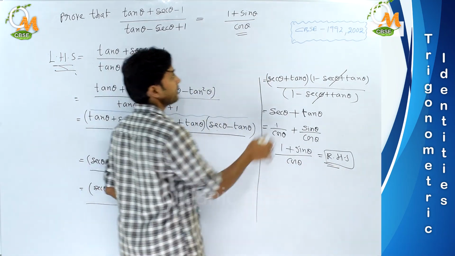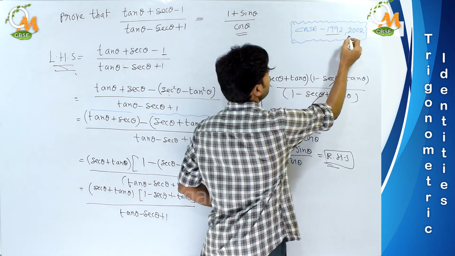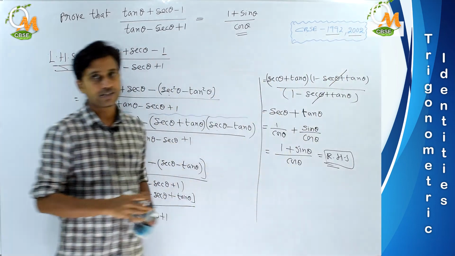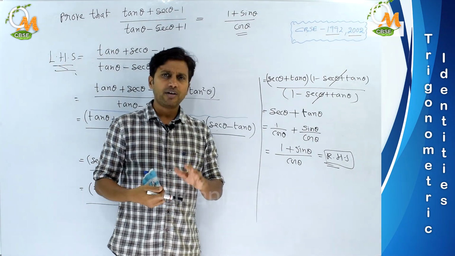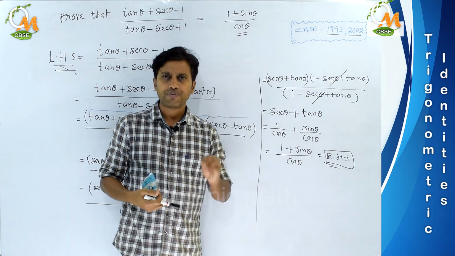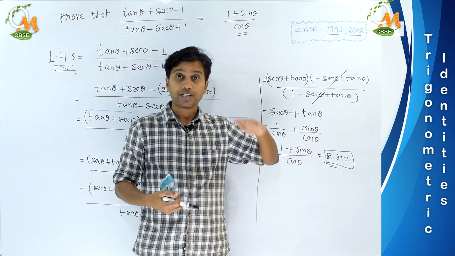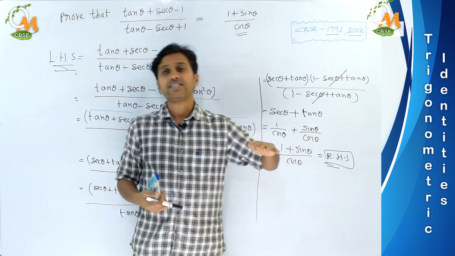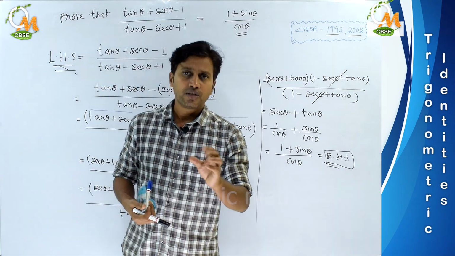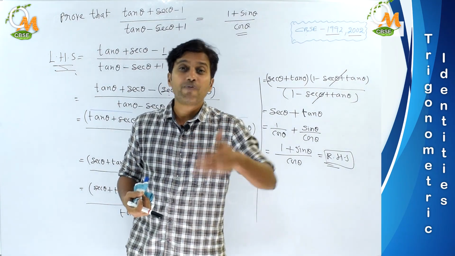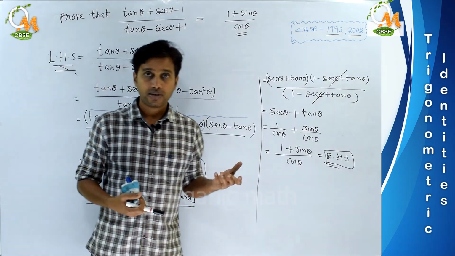And remember something, this problem was given in 1992 and 2002 for CBSE board examinations. Anyways, whether it might be given or not, it doesn't matter. But if you want to improve your knowledge up to 10th standard level, these are the problems you need to practice to improve your solving skills of trigonometric equations or expressions.